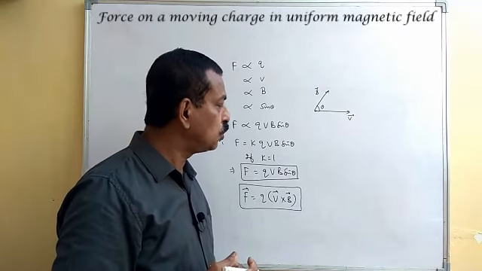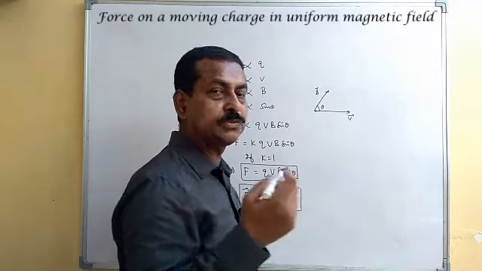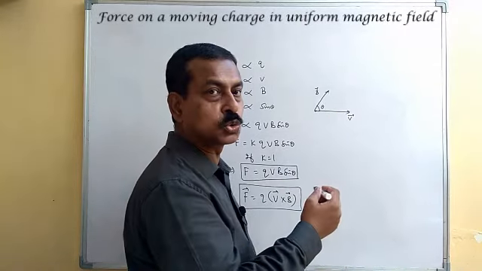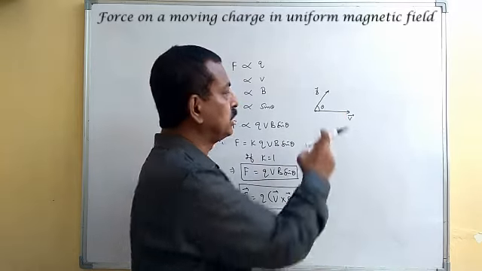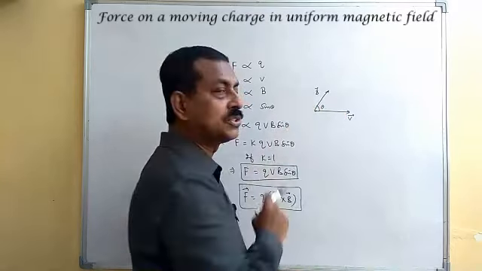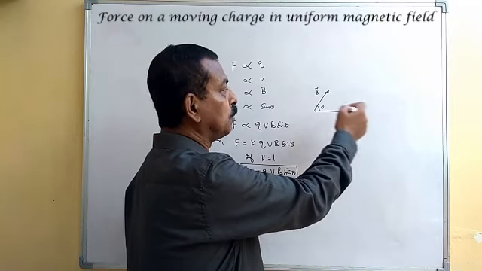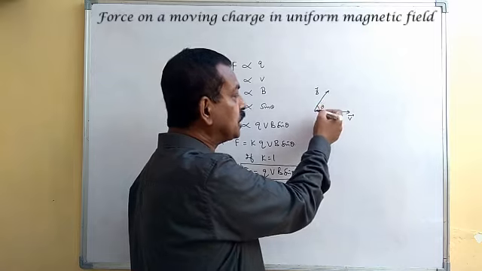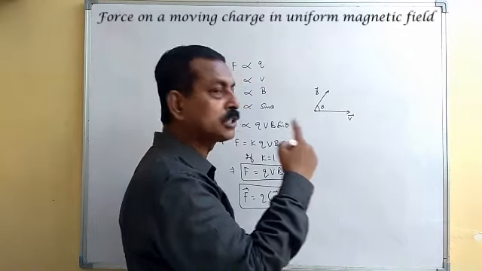In the right hand screw rule, assume you have a right-handed screw held perpendicular to the plane containing the two vectors. Here V is there, B is in this direction, and we put a right-handed screw perpendicular to the plane containing the two with its tip at the common point.